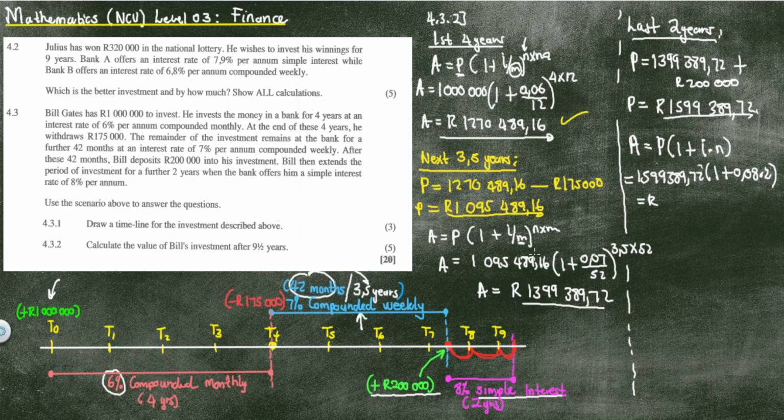The interest rate is 8%, so it's 0.08 multiplied by the remaining 2 years. So the final answer is 1,855,292.08. So this is the final answer for our investment.